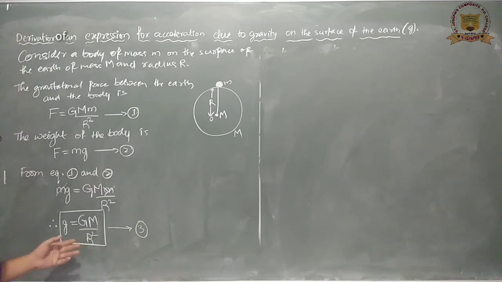So that's why at the polar region the acceleration due to gravity is maximum, and at the equatorial region it is minimum.